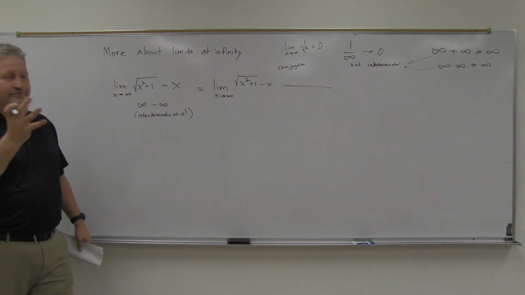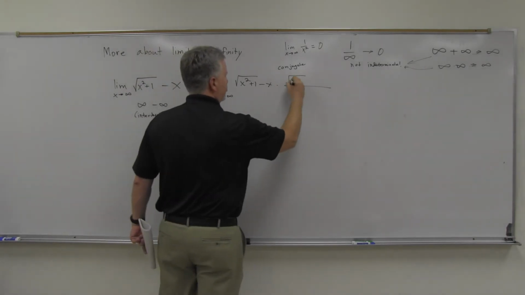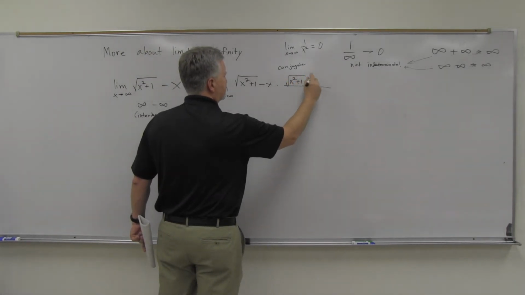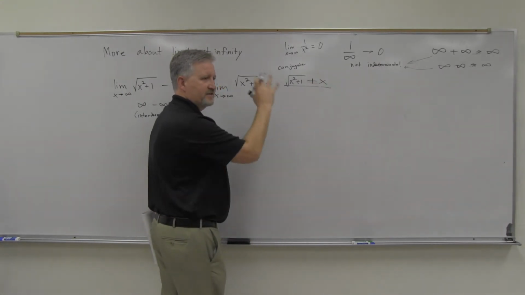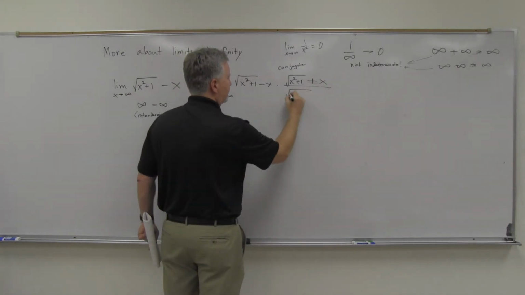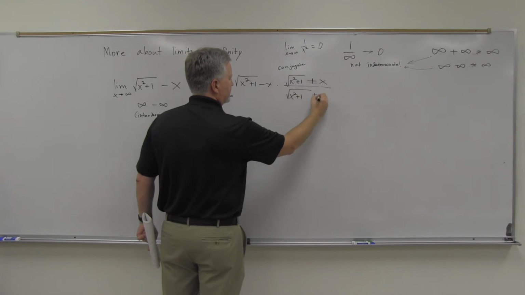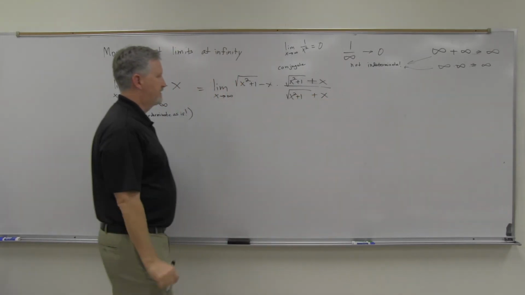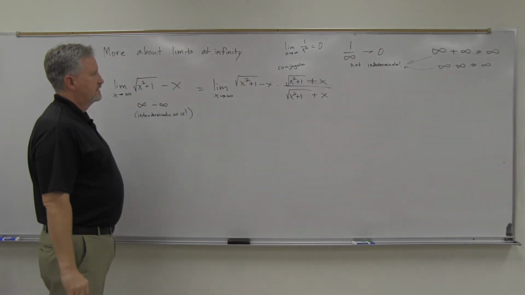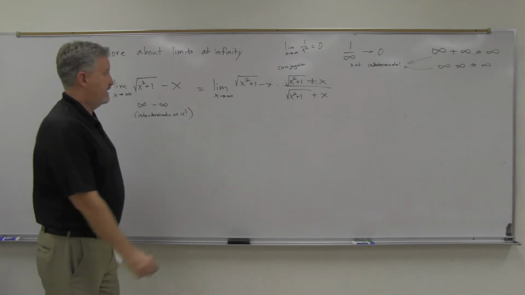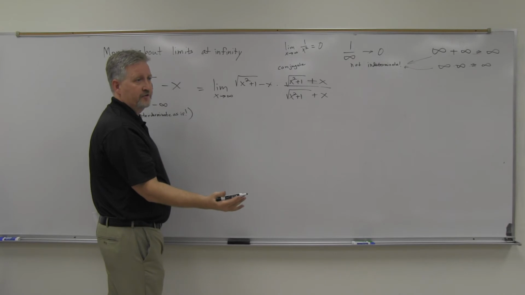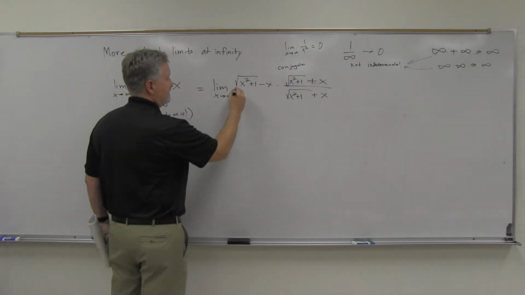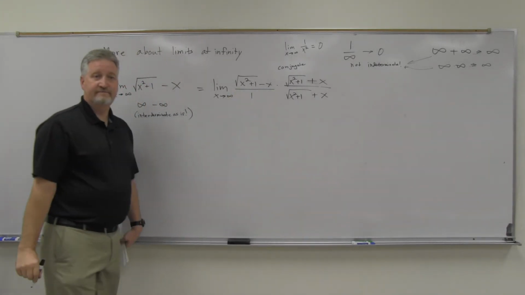Just change the sign between them. So it'll be the square root of x squared plus 1 plus x. But to make this a legal maneuver, we have to do the same thing to the denominator. Now, of course, the square root of x squared plus 1 minus x doesn't have a denominator showing, but what is the denominator? It's 1, isn't it? Just divide by 1.